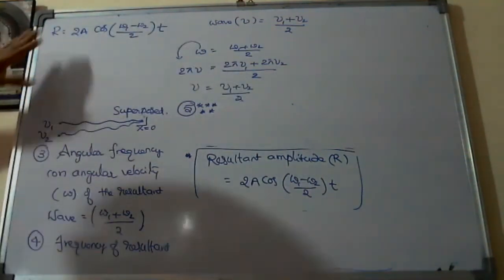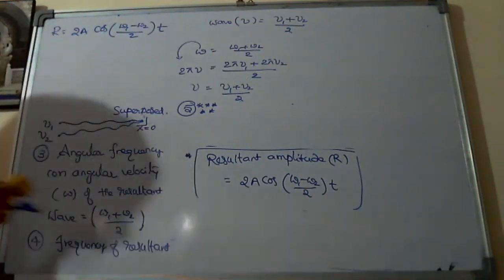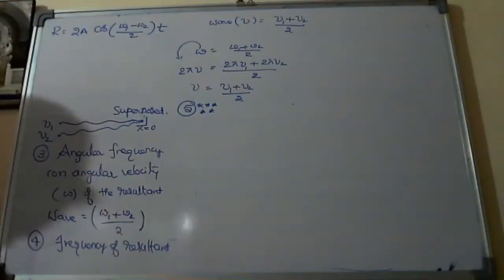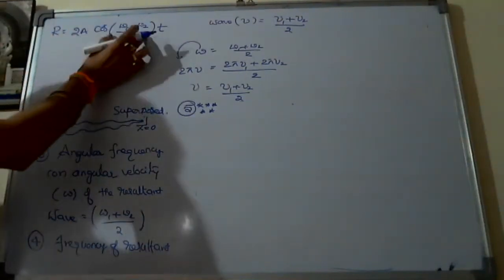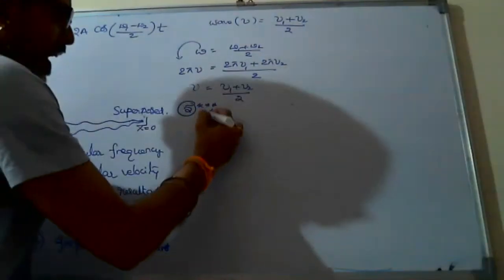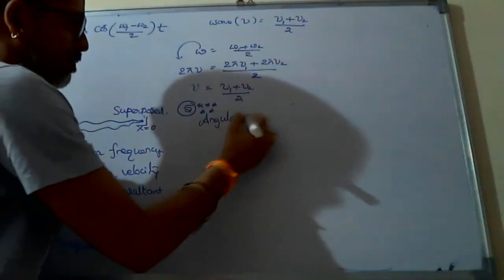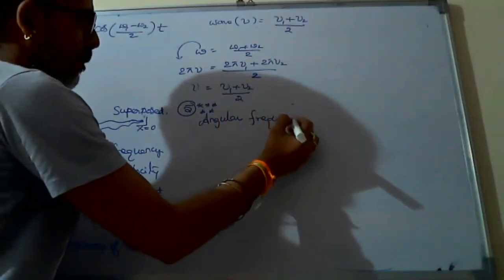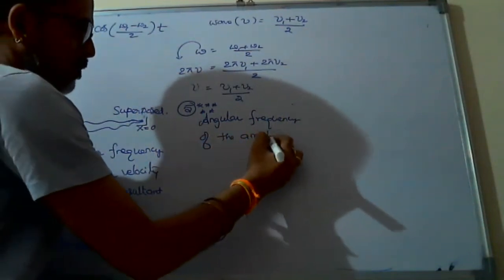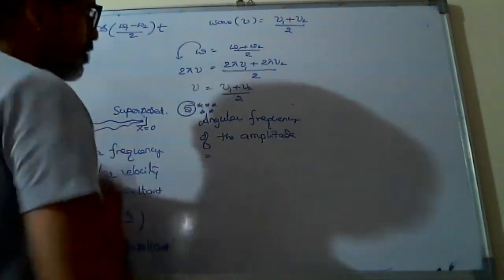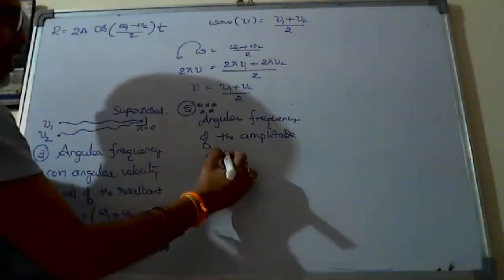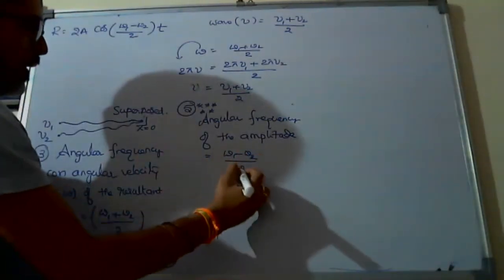If you see here, the resultant amplitude also changes with some omega. It appears as 2a cos omega t. So if they ask the angular frequency of the resultant amplitude, that I write as (omega 1 minus omega 2) by 2.